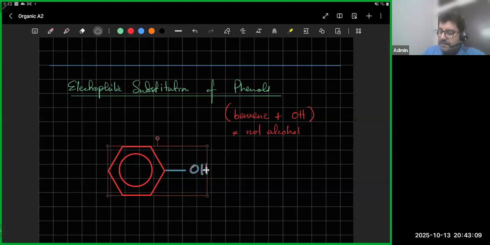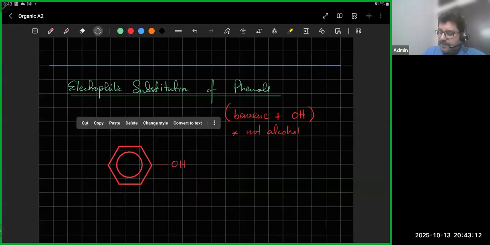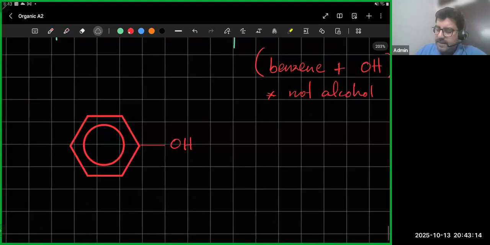It's electron donating. The O over here has two lone pairs, and these lone pairs tend to overlap with the benzene's pi-electron cloud, which is why the electron density is very, very high.